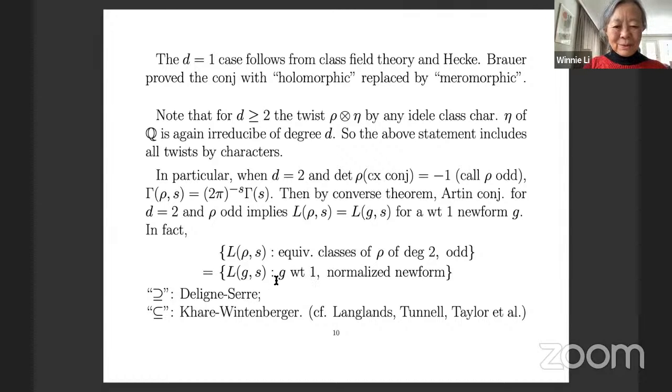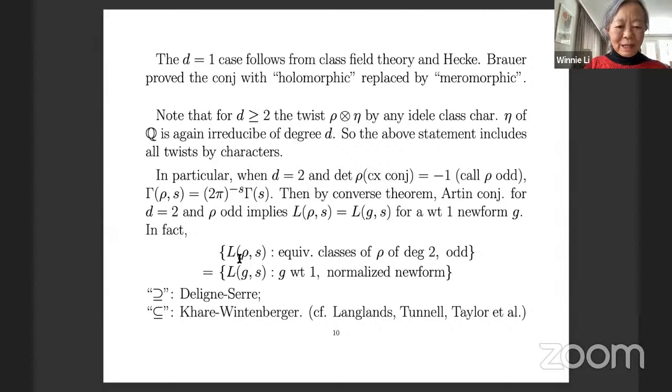To compare these 2 sets of L functions, Deligne and Serre showed that if we have a weight 1 newform, its L function is the L function of a degree 2 odd Galois representation.